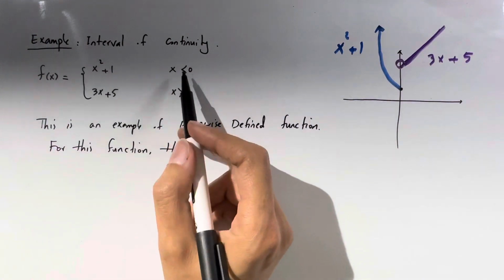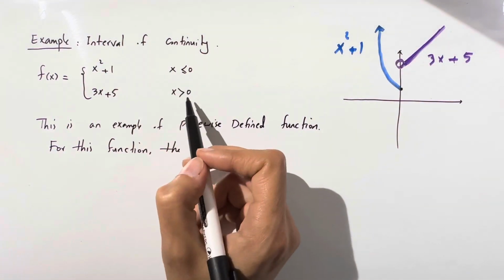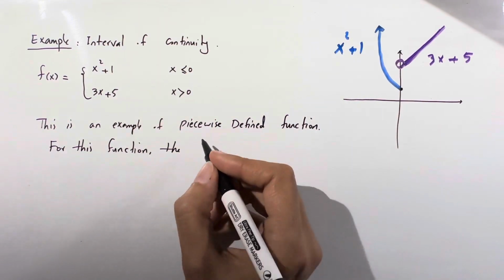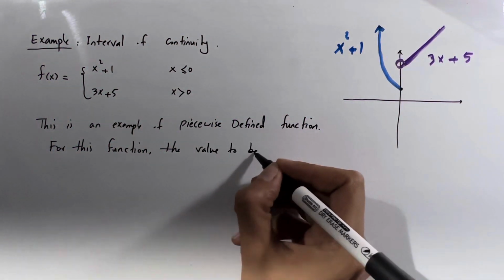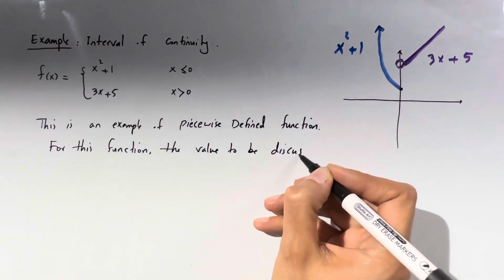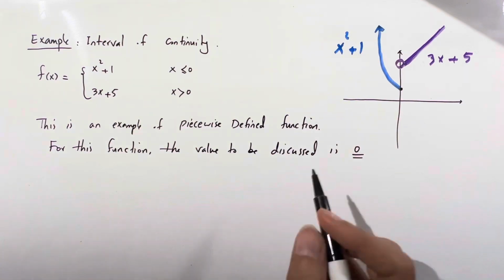For this function, the point that makes it complicated, the boundary point in this case, is going to be 0. The value to be discussed is 0. Why is that?